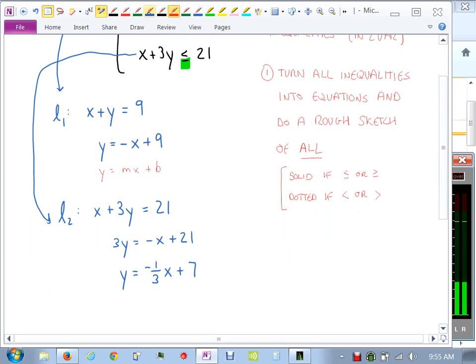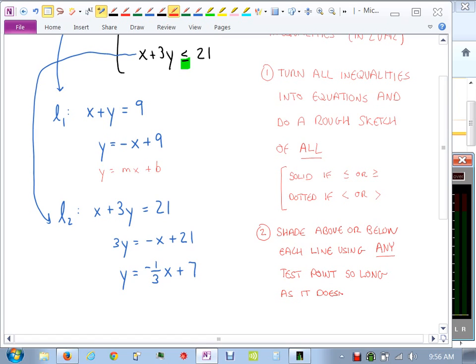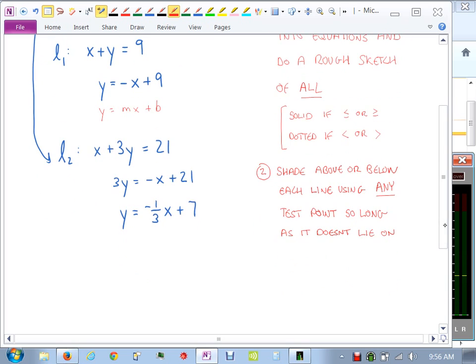Our next step in this process will be to shade above or below each line using any test point so long as it doesn't lie on the line. 0, 0 is usually a good choice, right?